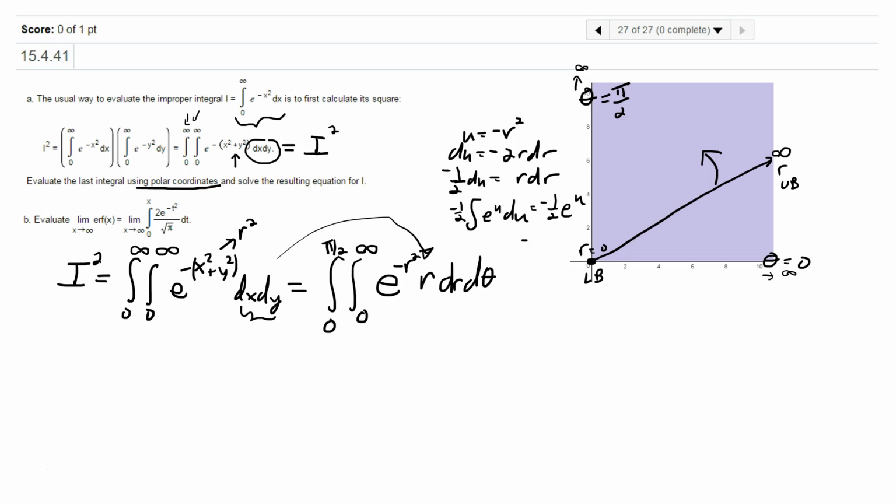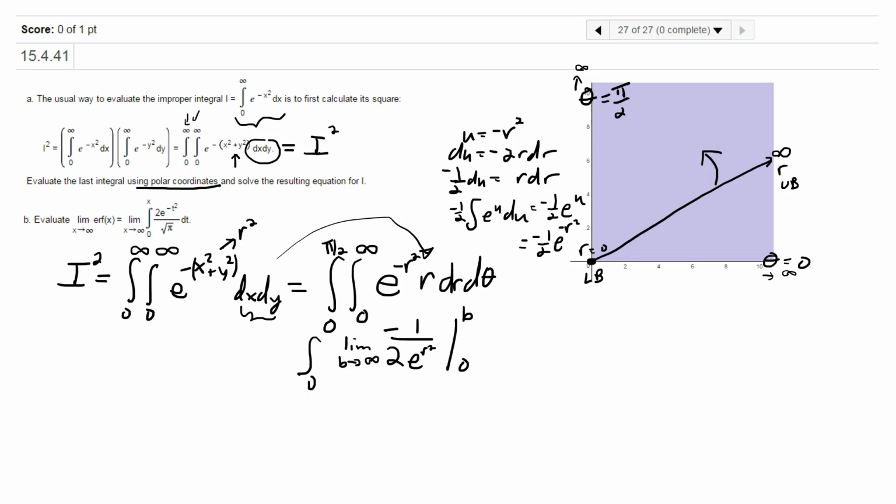And so that's going to be converted back to be minus 1/2 e to the minus r squared, which we are going to write as minus 1 over 2e to the r squared. Now we can't plug in infinity. What we have to do is put a variable placeholder and let that variable go to infinity.